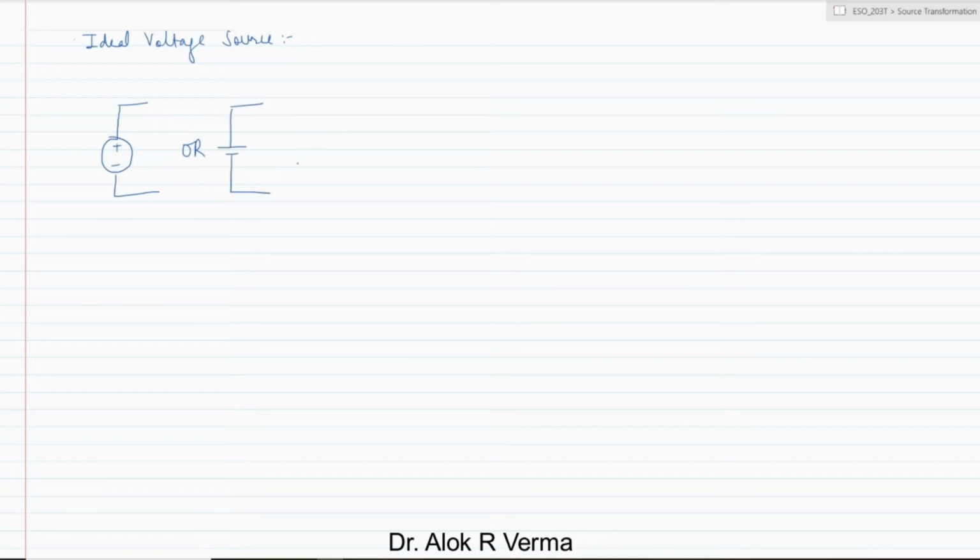Okay, so these represent the ideal voltage source. And if you see the current source, the ideal current source is represented by this symbol. This is ideal current source.